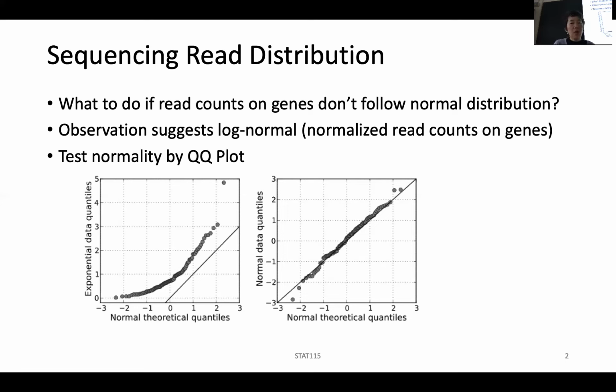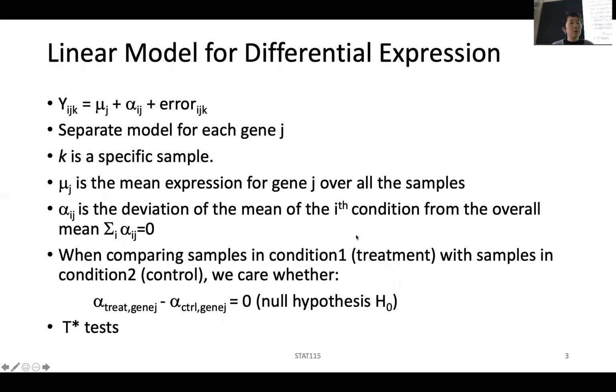It's been seen that with high-throughput sequencing data, if you look at the read count that lands on a gene, and you look at many samples and look at their differences or variations, you can see that after taking the log of the read count, it roughly follows a normal distribution.